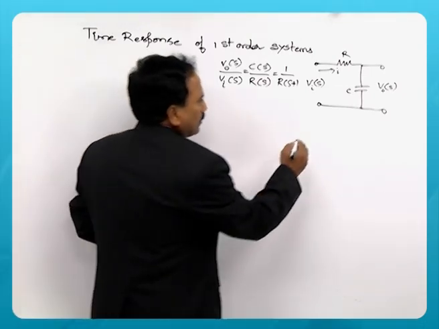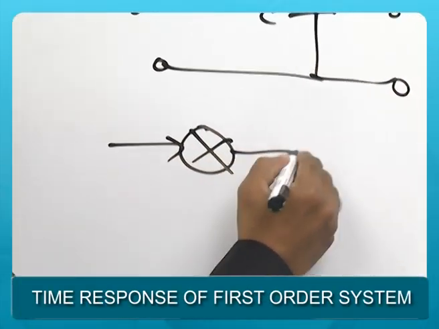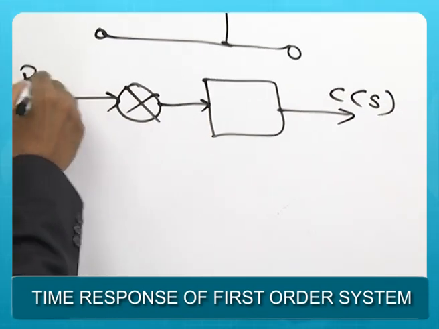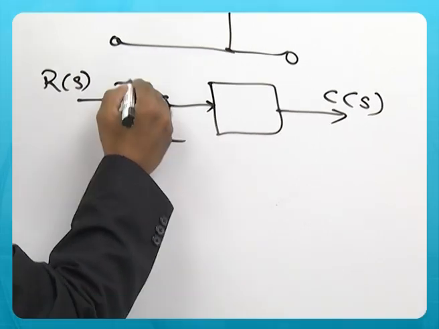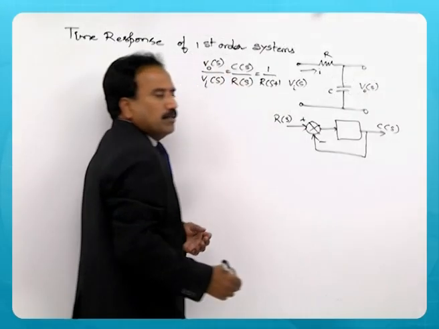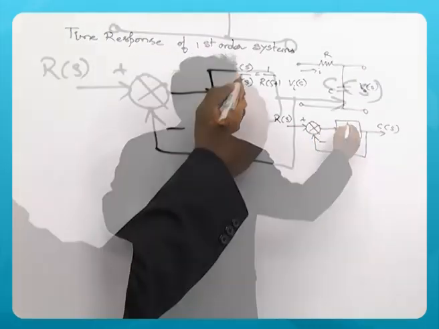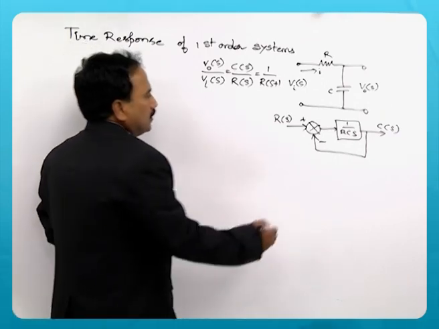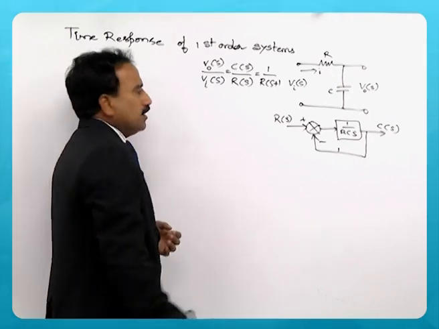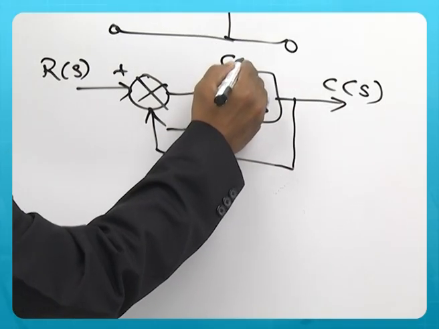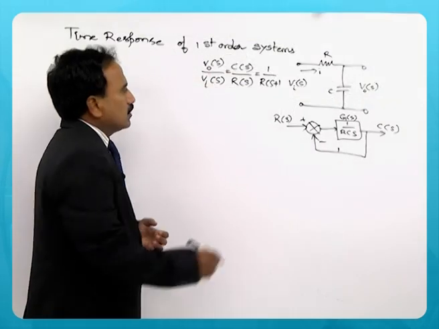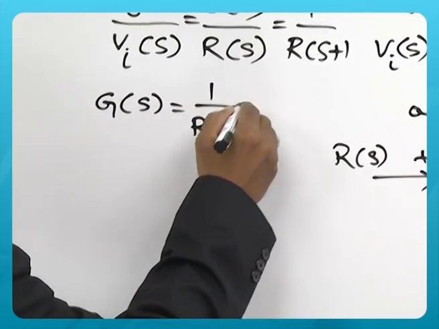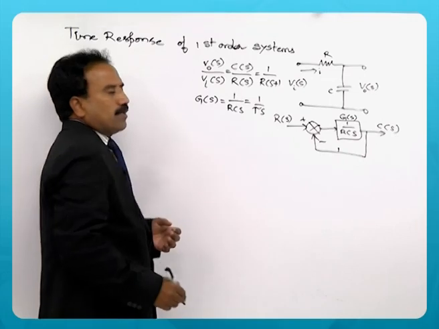This same circuit, if you remember, we can represent as a block diagram, as C of s, R of s and then a unity feedback control system, and here it is 1 by RCs. Now, this feedback is 1 and you can consider this as G. G of s is the open loop transfer function, given by 1 by RCs, means 1 by tau s.